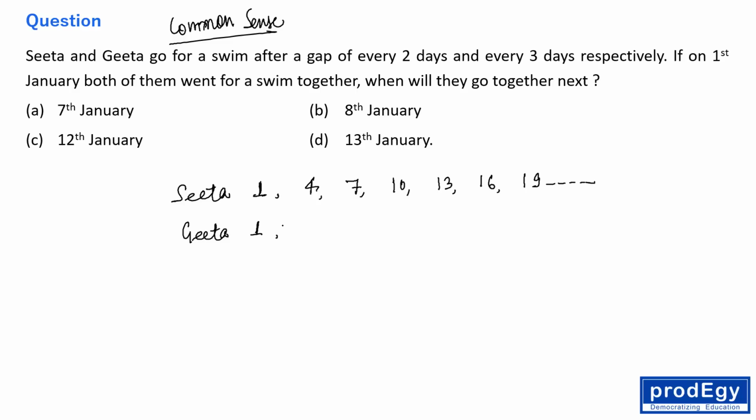Geeta is going on the first, then first, second, third, fourth, then fifth, 6th, 7th, 8th, then 9th, 10th, 11th, 12th, then 13th, right, and so on. So on the 13th they are going again for the swim, right? So after the first they will be meeting on the 13th, going together for a swim.